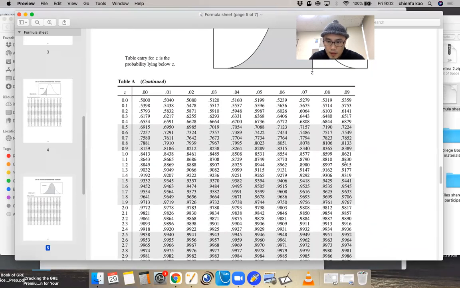So it's 1.285-ish. If on the exam you want to put 1.28 or 1.29, that's totally fine. The difference is so small that it won't make any difference when you calculate it. So let's just say 1.285.